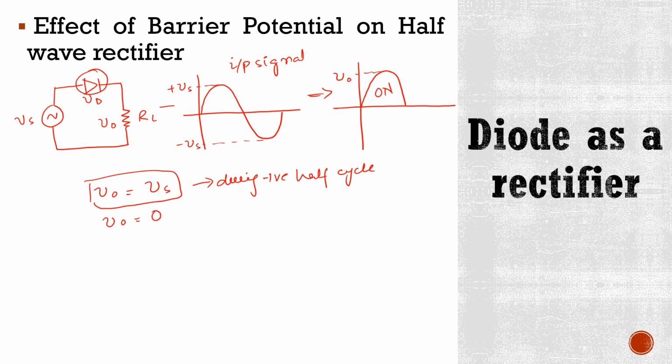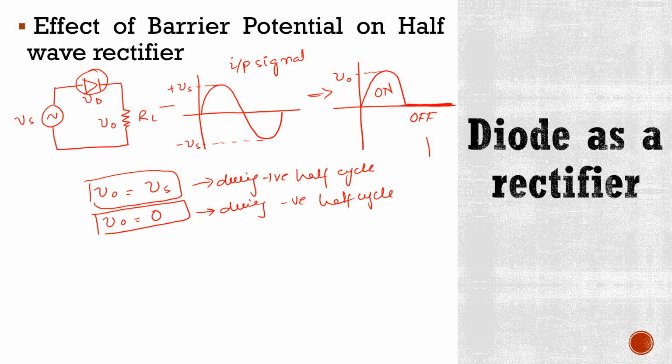It means output voltage is 0 volts during the negative half cycle of the input. On the graph it is represented by this straight line. It means the diode is off and not conducting here.